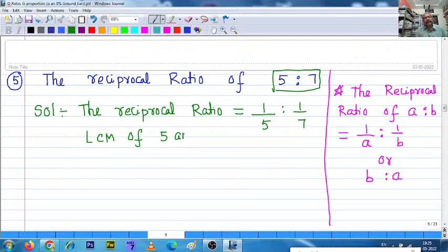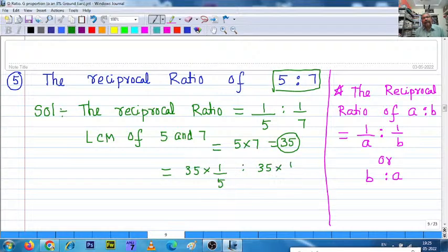Because 5 and 7 are co-primes, we get the product of these two, 5 into 7, 35. We can multiply both the terms of the given ratio with a non-zero number. Multiplying with 35, this ratio is 35 multiplied with 1 upon 5 is to 35 multiplied with 1 upon 7. Now 5 ones are 5, 5 sevens are 35, 7 ones are 7, 7 fives are 35. So then what do we get?